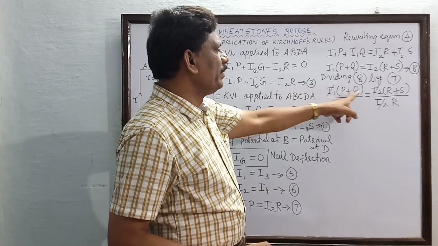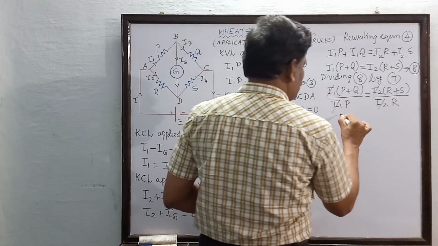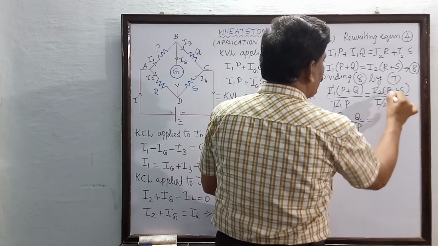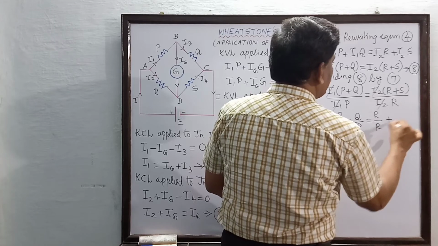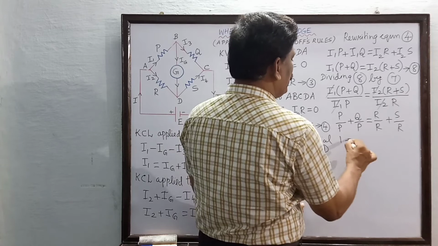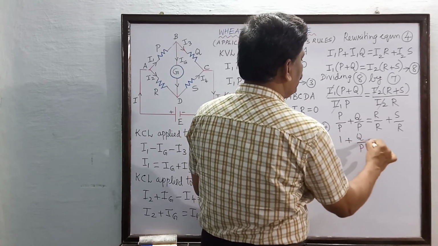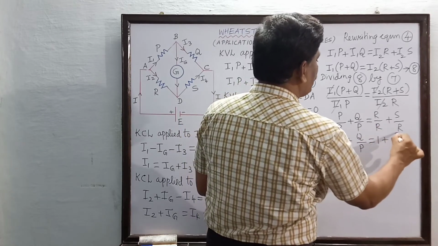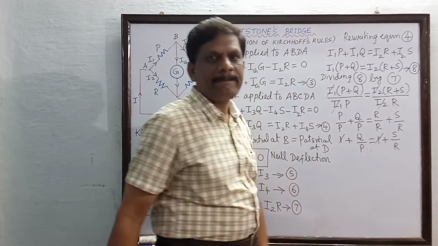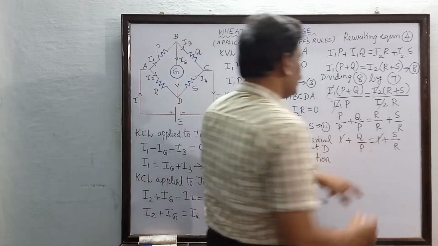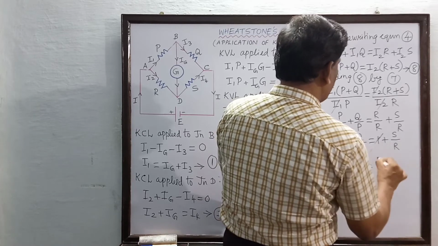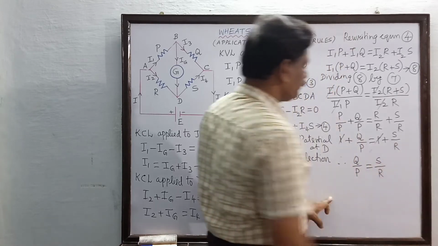The remaining is P plus Q divided by P. I will write P by P plus Q by P is equal to R by R plus S by R. So P by P is equal to 1. 1 plus Q by P is equal to 1 plus S by R. Now this 1 and 1 can be cancelled. Therefore, Q by P is equal to S by R.